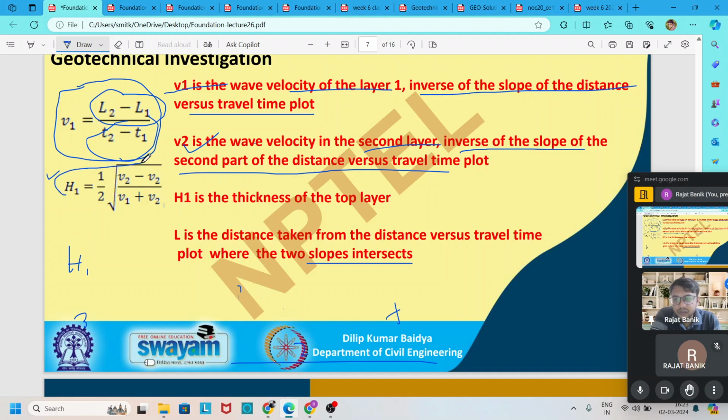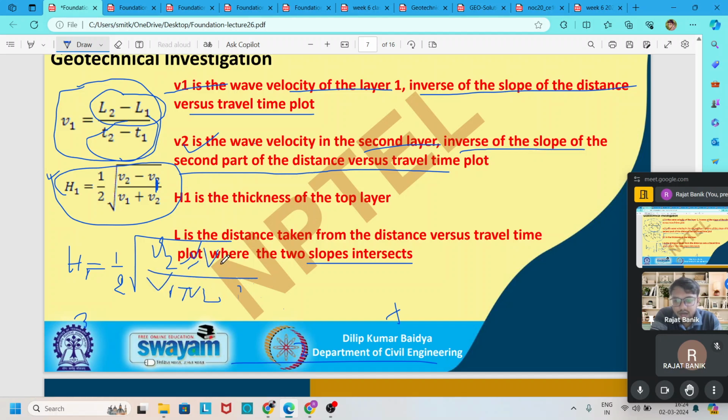For the first layer thickness, we use this formula: H1 is equal to half into root over V2 minus V1 divided by V1 plus V2.